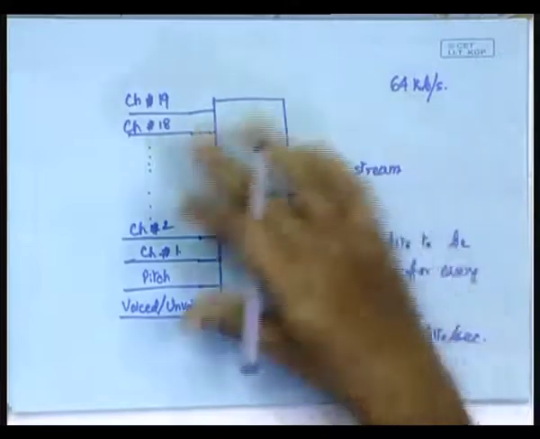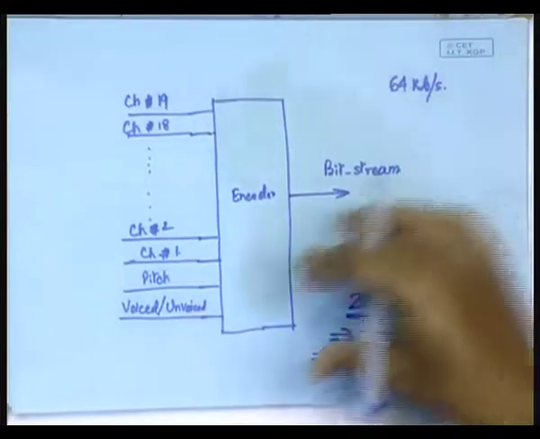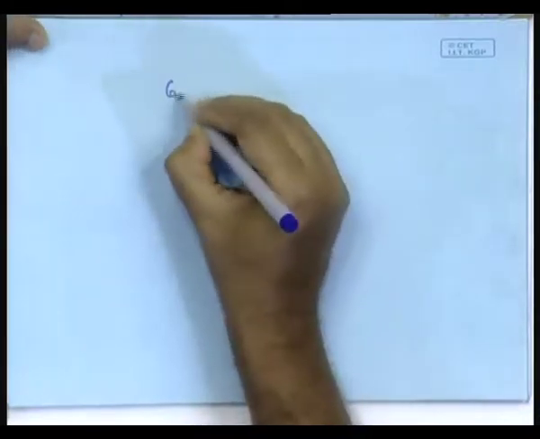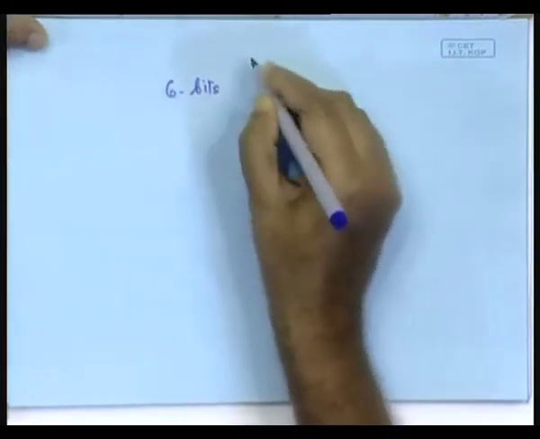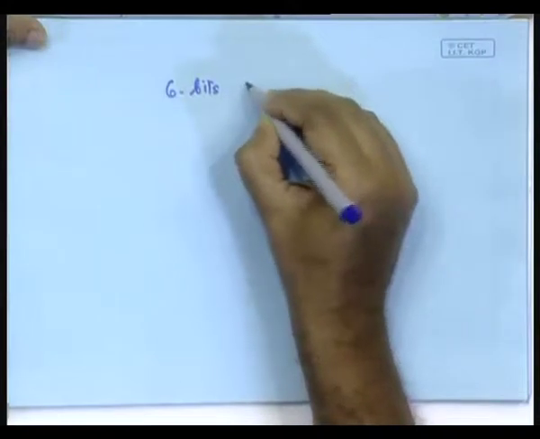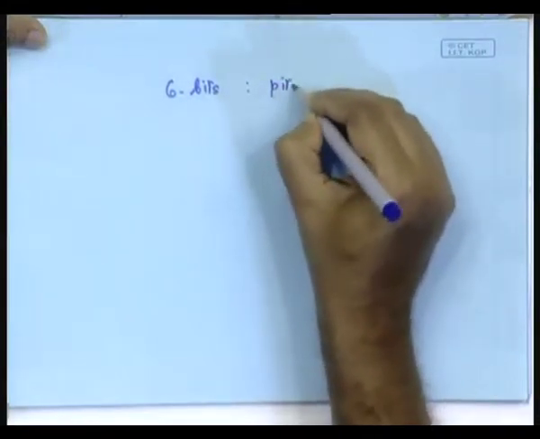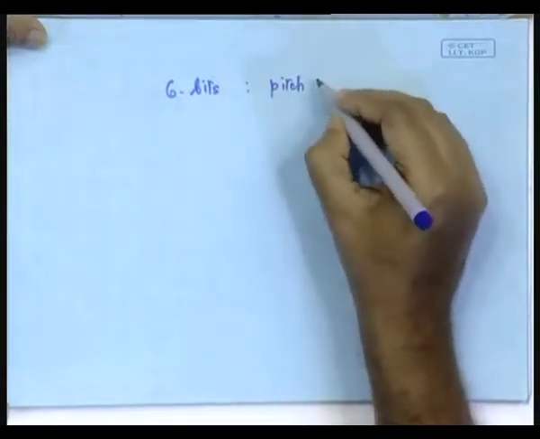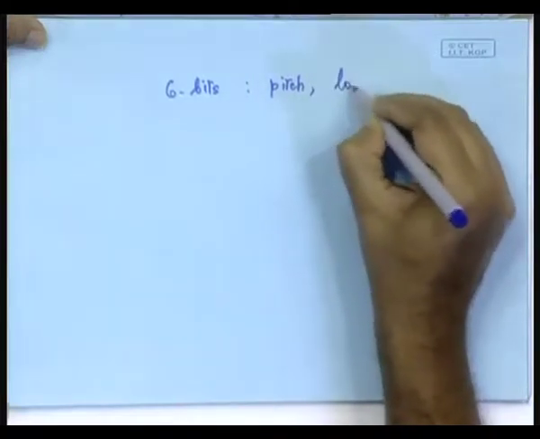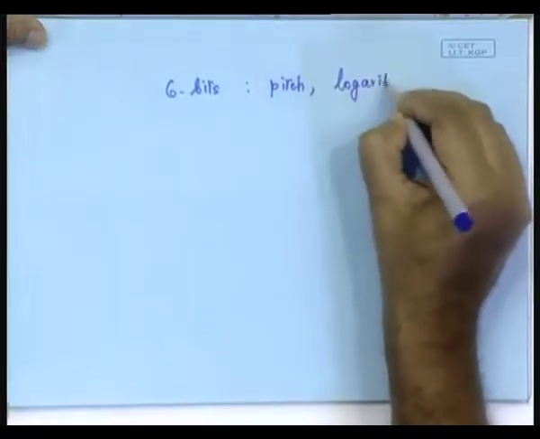And what is the division of these 48 bits? Well, it goes like this: we have 6 bits allocated to encode the pitch information. So, 6 bits are needed for the pitch information encoding, and it is in fact logarithmically encoded.